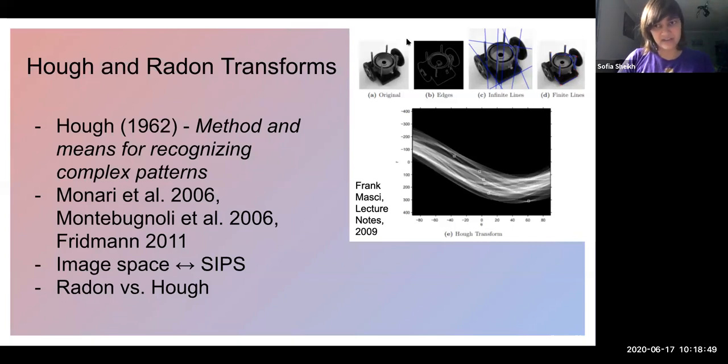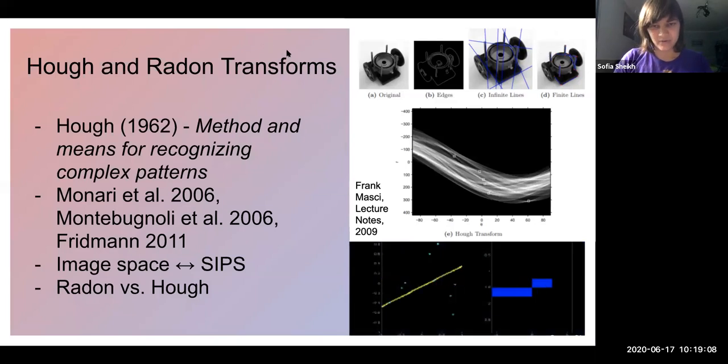You might also hear this method called a Radon transform. They're technically slightly different. Radon transforms are an inverse of the Hough transform, but they work in the same parameter spaces and they work in very similar ways.